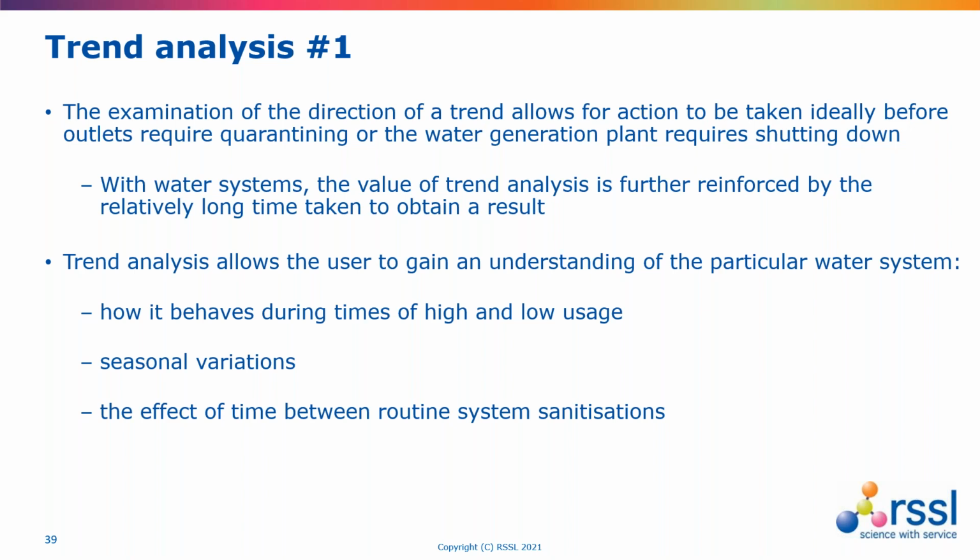We also trend so we can predict in advance whether an outlet needs quarantining or whether we need to undertake a sanitization of the water system. We also get an understanding of how a water system behaves during times of high and low usage, and we can look at seasonal variations in the early part of water generation. It can also help us predict the time between water sanitizations, for example.